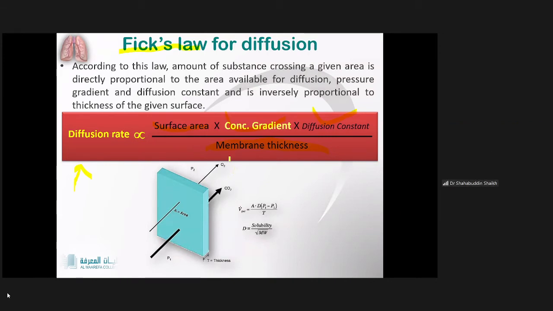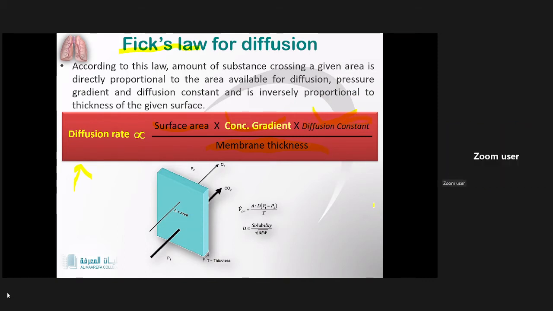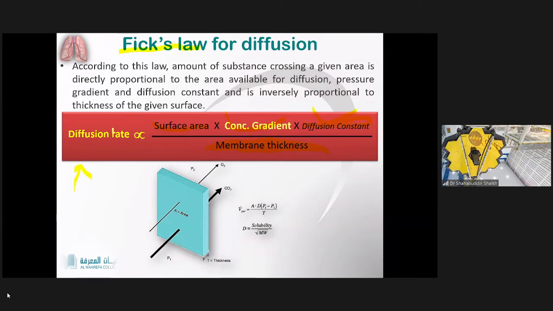This is the only thing which will cause a decrease. An increase in diffusion constant will cause an increase in diffusion rate.